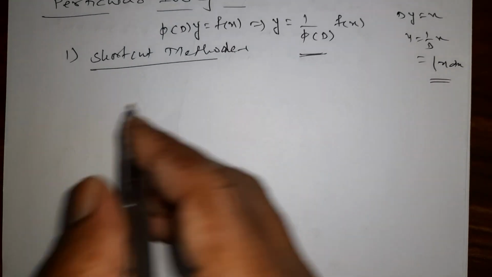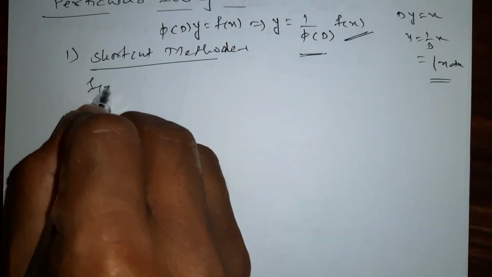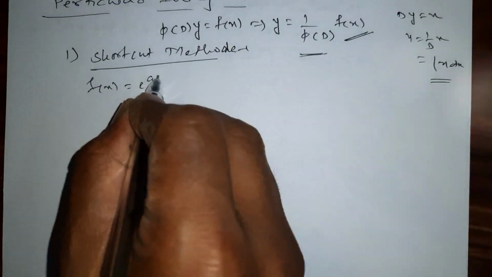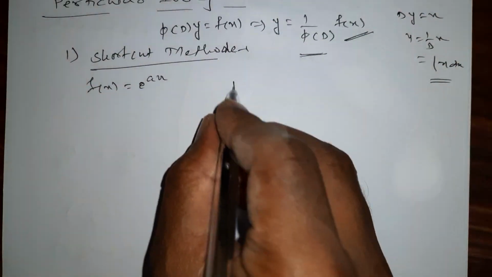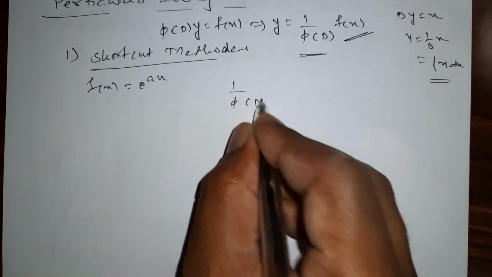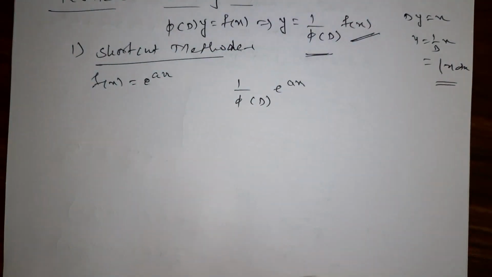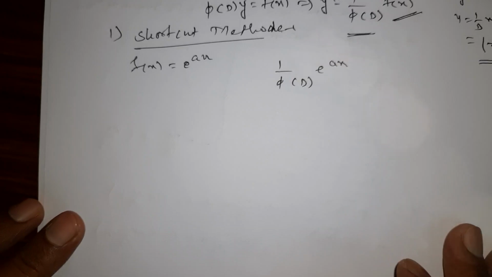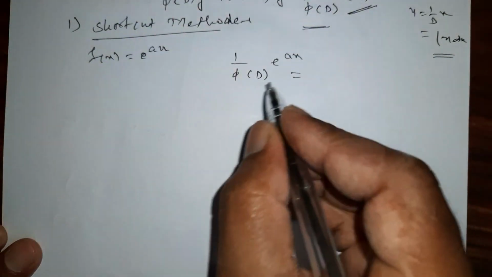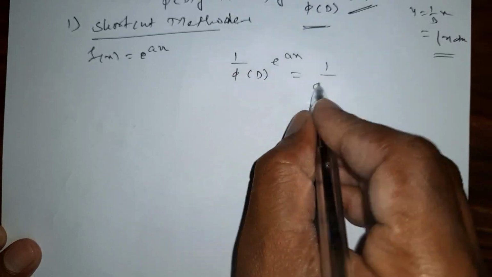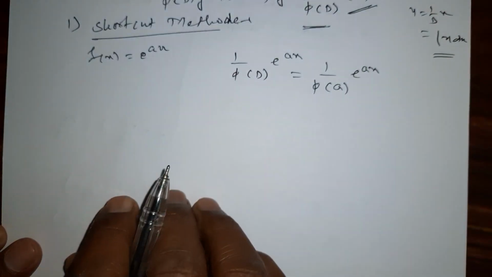So the first formula depends totally on f of x. If I take f of x as simply e raised to ax, I get a new formula here. What I get? 1 upon phi of D operating on e raised to ax is equal to 1 upon phi of a times e raised to ax.